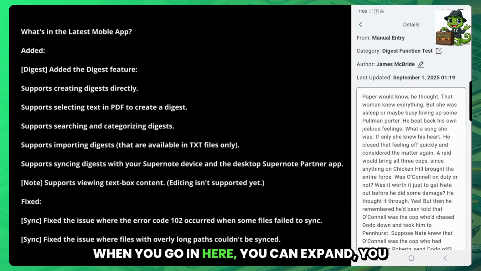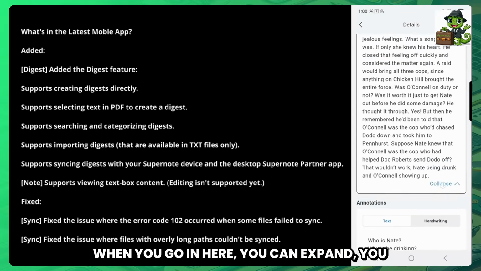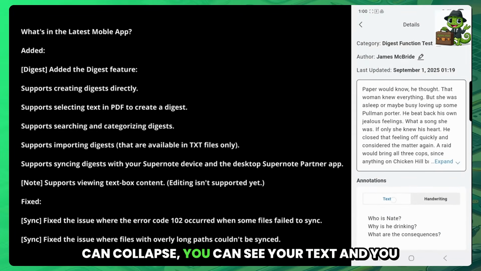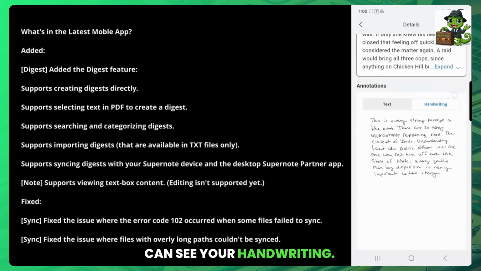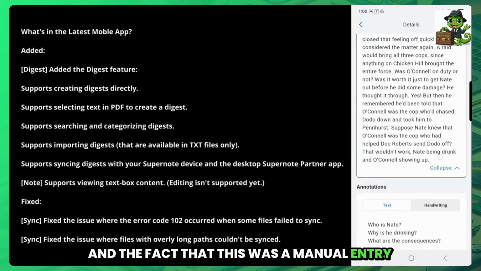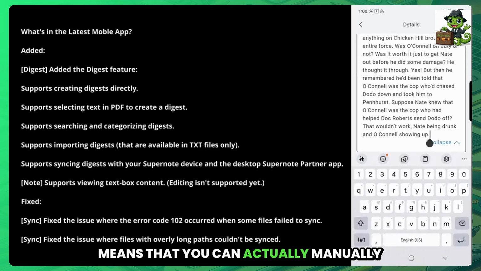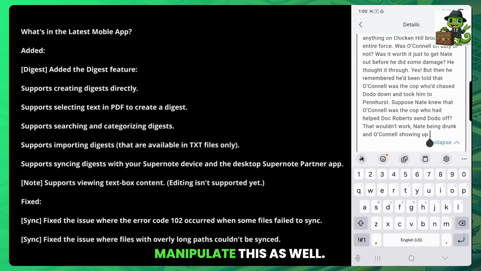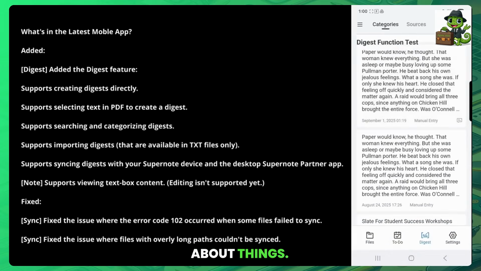When you go in here, you can expand, you can collapse, you can see your text, and you can see your handwriting. Pretty cool. And the fact that this was a manual entry means that you can actually manually manipulate this as well. So a totally different way of thinking about things.